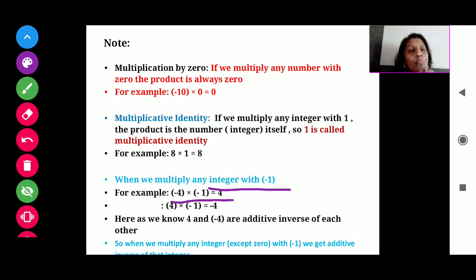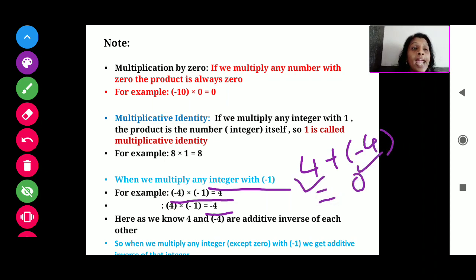If you multiply 4 into -1, the answer will be -4. And as we know, 4 plus -4 is 0. So 4 and -4 are additive inverses of each other. So when you multiply any integer except 0, because if we multiply 0 with -1, your answer will be 0. So except 0, if you multiply any integer with -1, you will get the additive inverse of that integer.